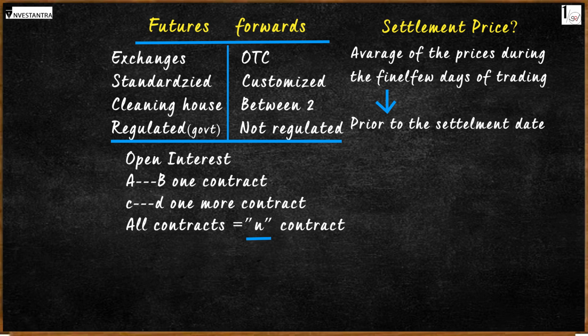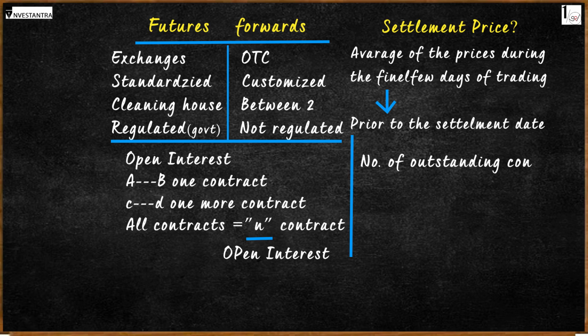If there are N contracts, this N is the open interest. Open interest refers to the number of outstanding contracts. And it has to be of a particular type. So, for example, USD INR futures.